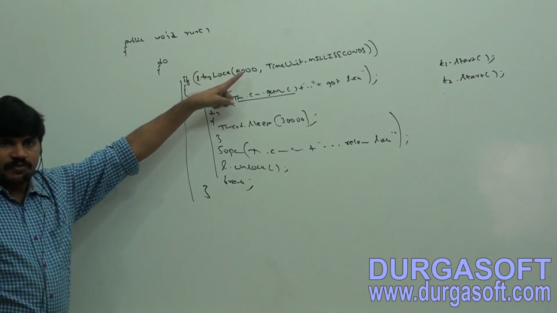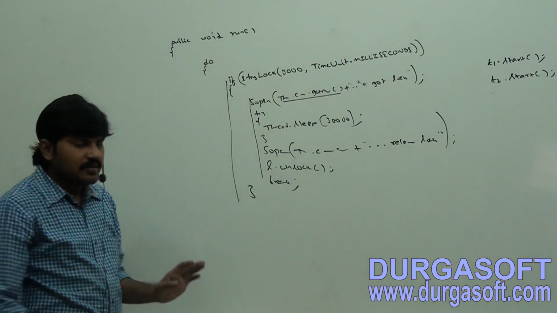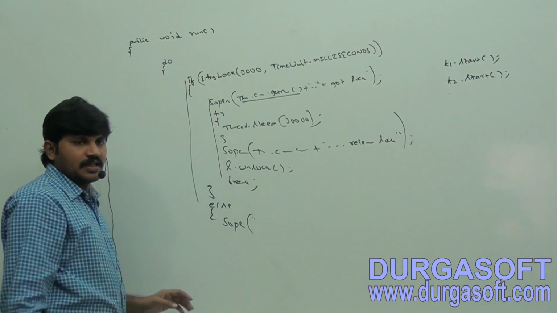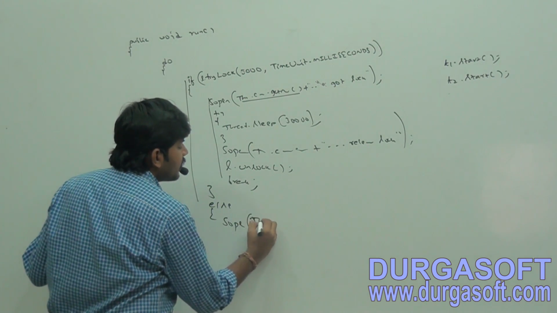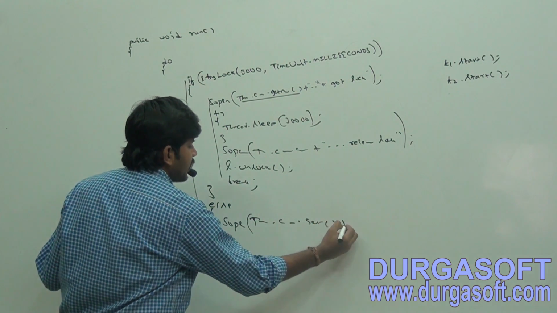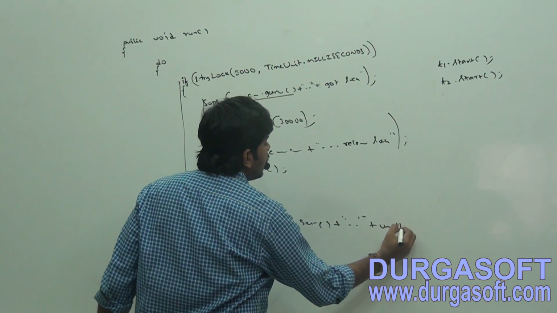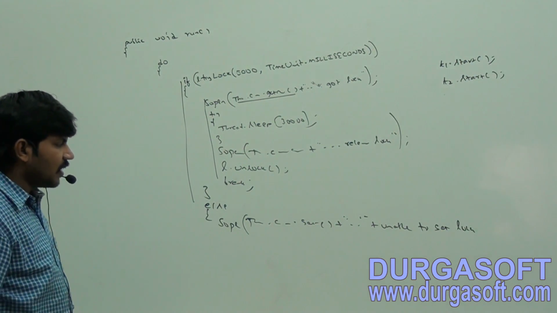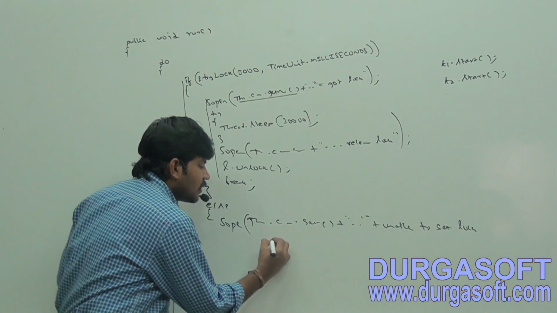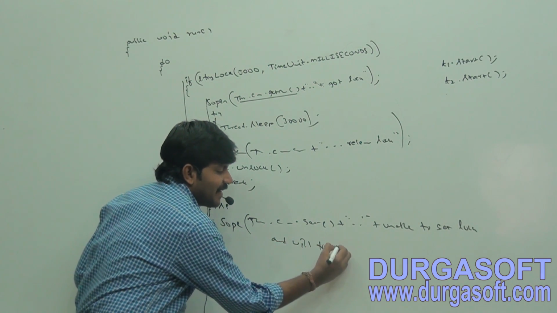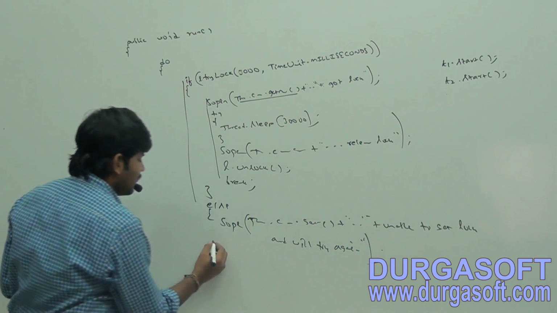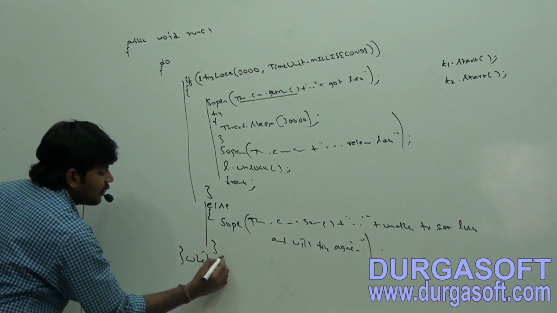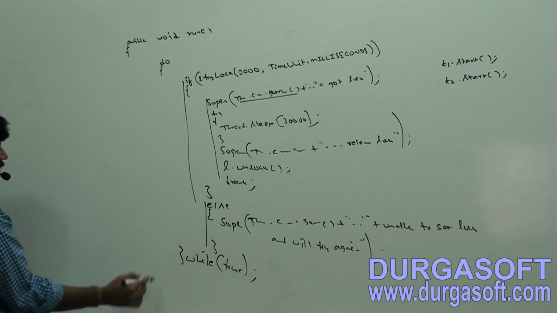If even after waiting 5 seconds I still didn't get the lock, then else: System.out.println(Thread.currentThread().getName()) unable to get lock and will try again. That is the else part I am taking. And do-while of true I am taking.